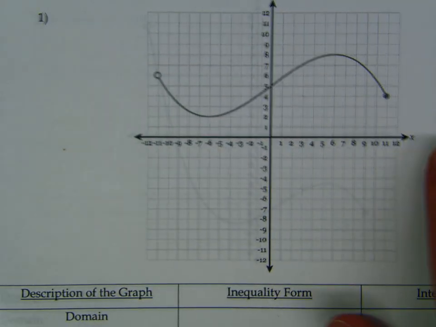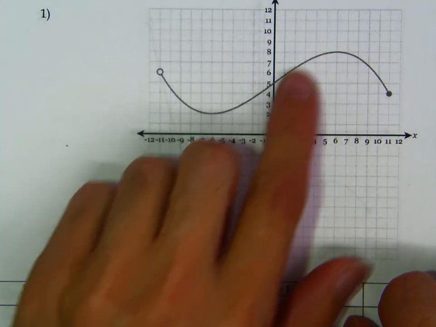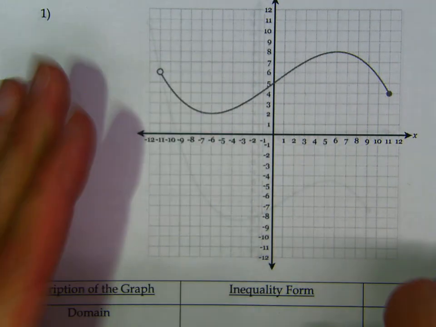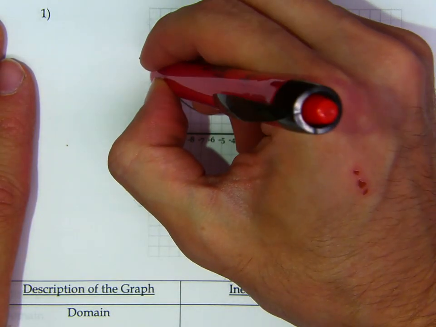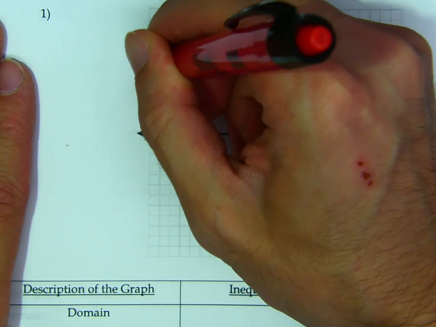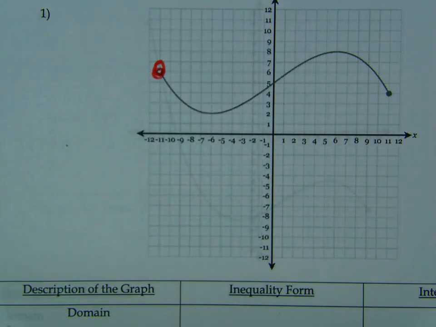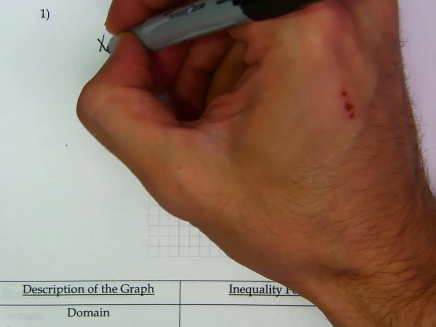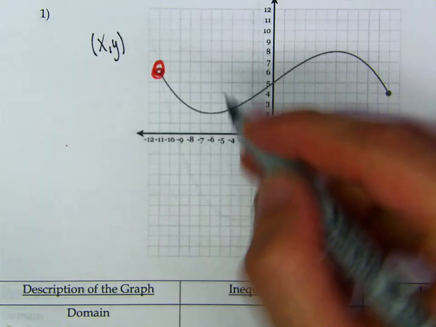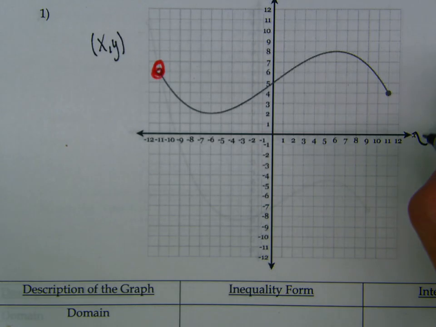Notice, what is the leftmost point of this graph? What is the farthest left of this graph? It is this point over here, and notice that it is an open circle. But what I'd like you to do is find the coordinate of this point. It has some x comma y. This is the x-axis.